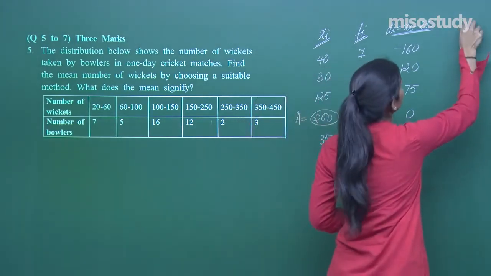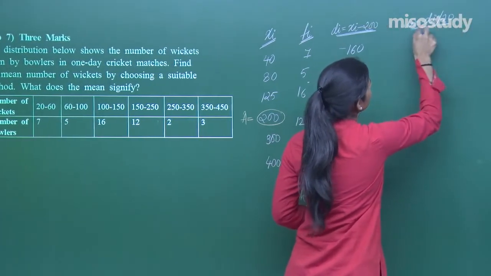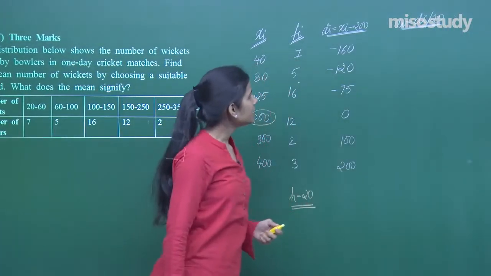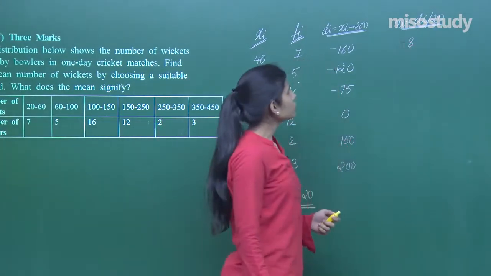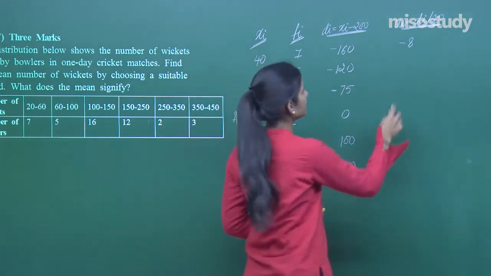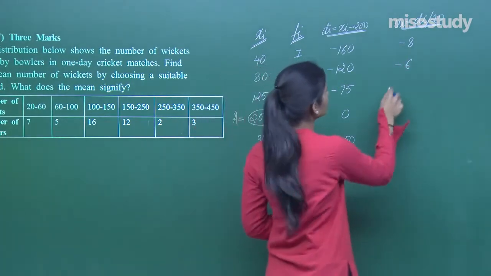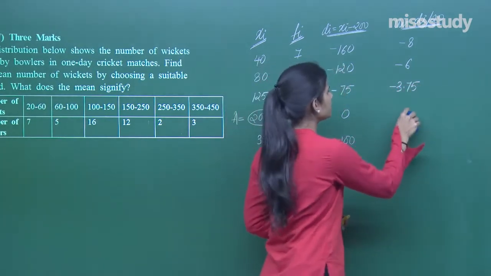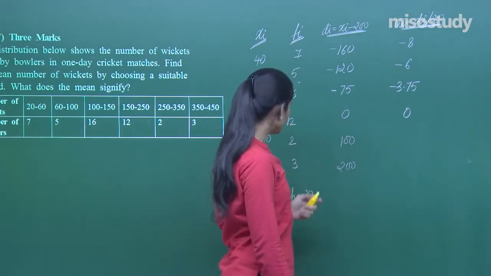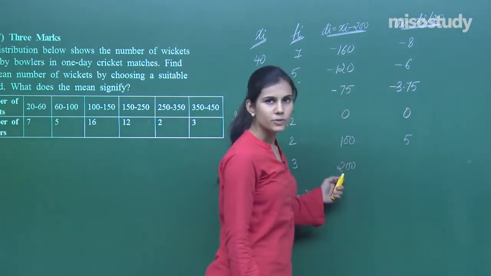Now we calculate ui, which is di upon h. So minus 160 upon 20 gives you minus 8. Minus 120 upon 20 gives you minus 6. Minus 75 divided by 20 gives you minus 3.75. 0 divided by 20 gives you 0. 100 divided by 20 gives you 5. And 200 divided by 20 gives you 10.